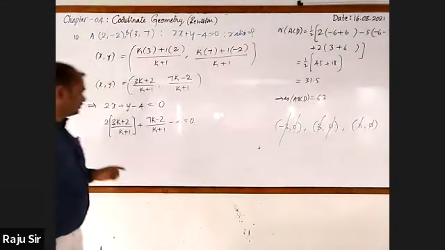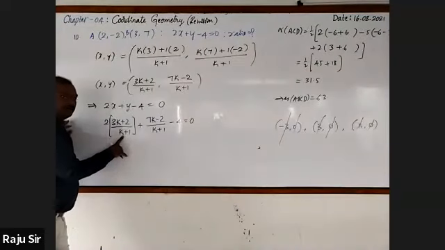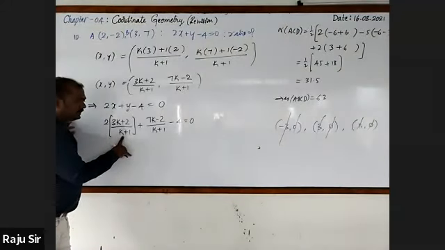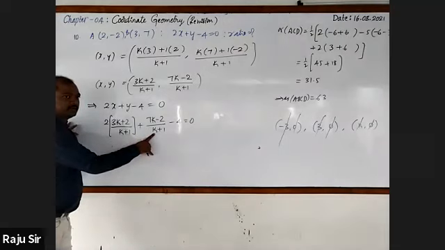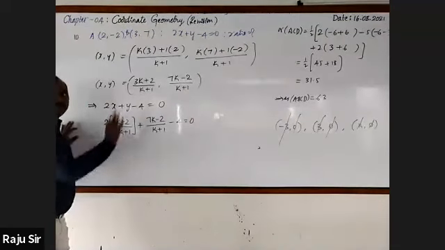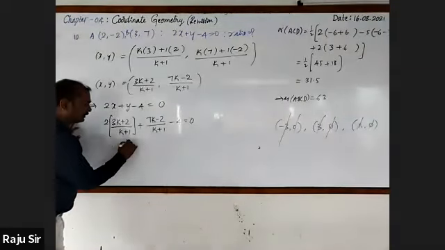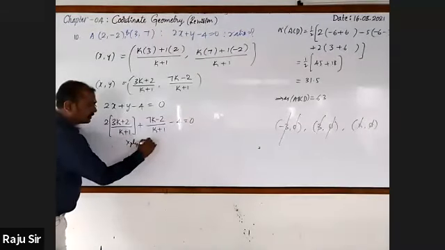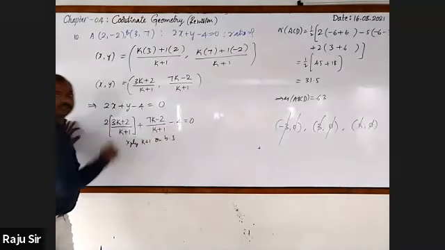6k plus 4 by k plus 1. You know, LCM of the denominator will be k plus 1. Multiply k plus 1 on both the sides.